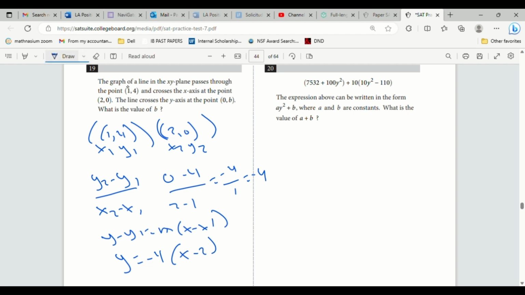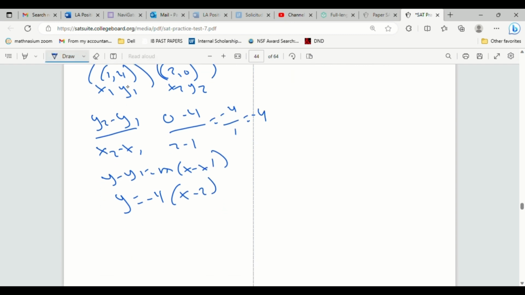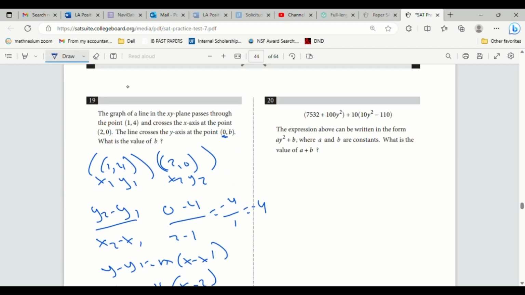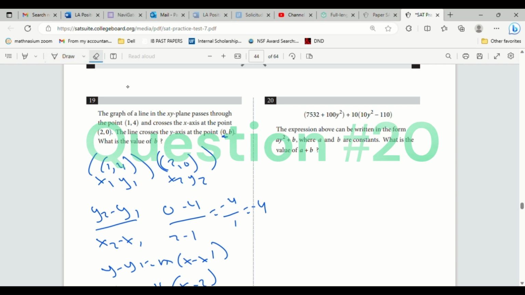And then we have our equation for our line. Now we just plug in 0 to solve for b. So y equals -4 times 0 minus 2, y equals -4 times -2, or a positive 8. So 8 is 19.